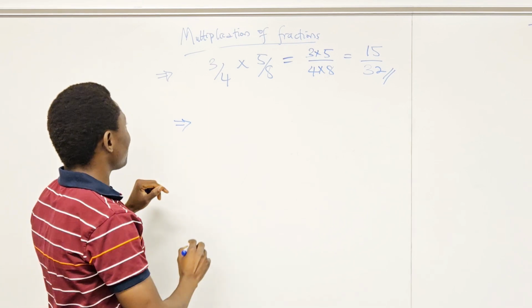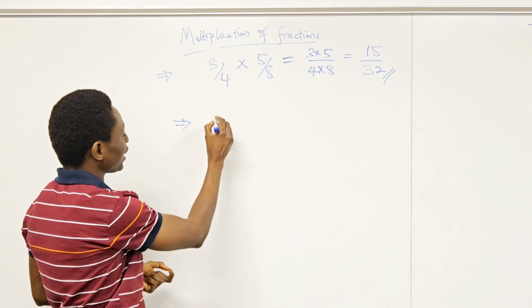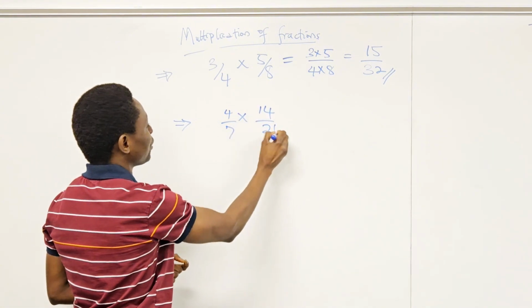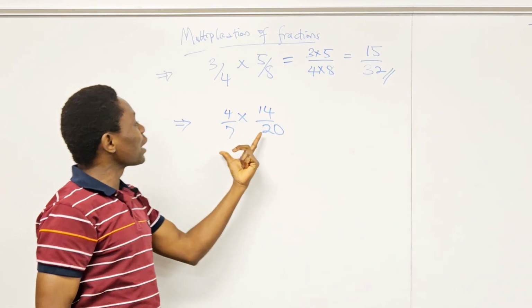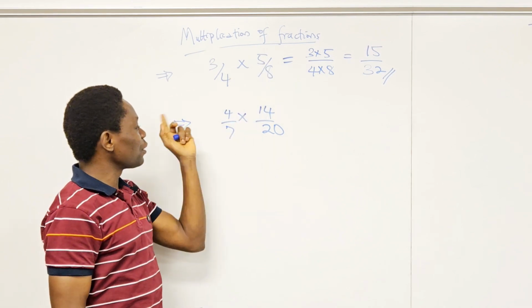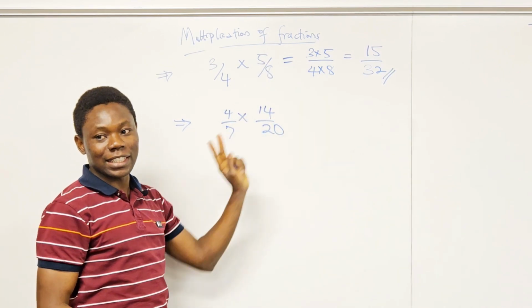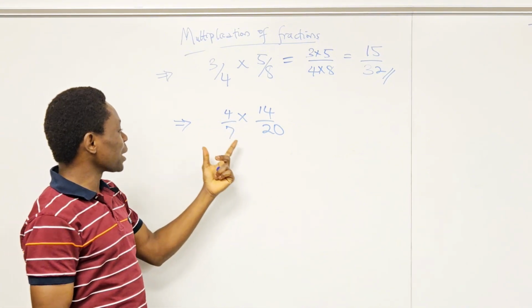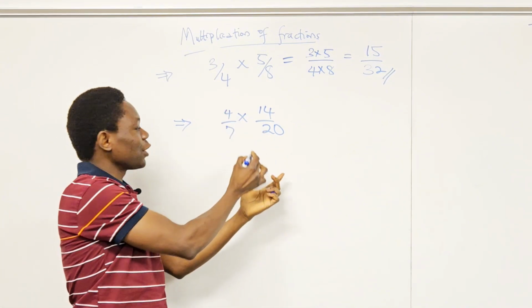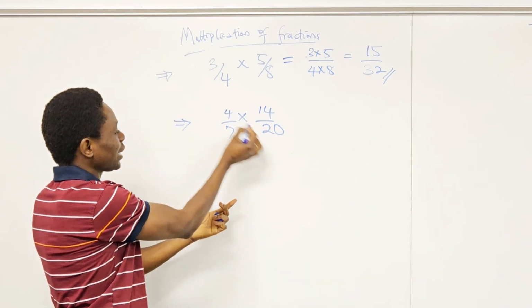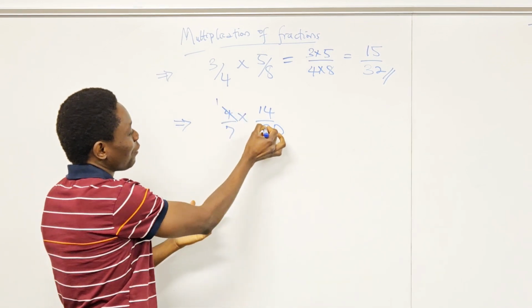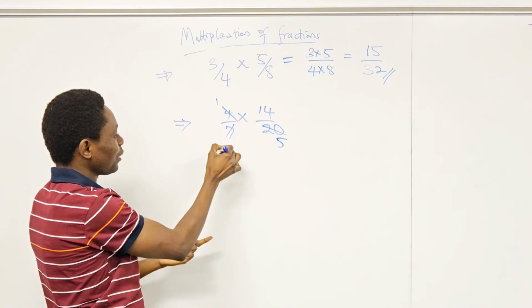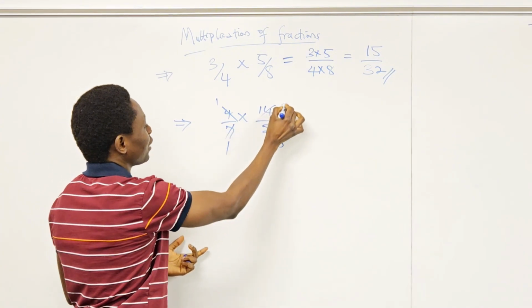Now, there are other cases of multiplying fractions. For example, you have something like 4 over 7 times 14 over 20. Now, we can apply this same approach of just multiplying the numerators directly and then the denominators directly. But if you look closely, you will see that we can actually reduce this fraction diagonally, right? We can say 4 here 1, 4 into 20, 5, right? 7 here 1, 7 into 14 is 2.